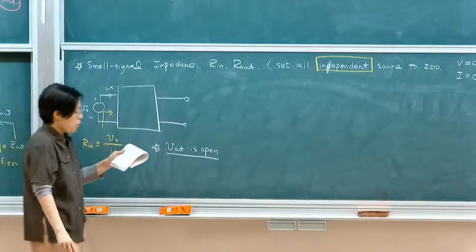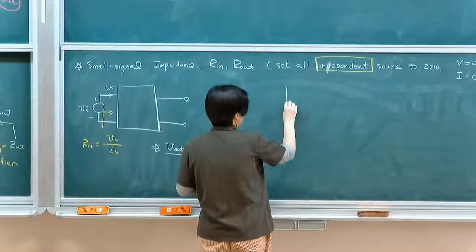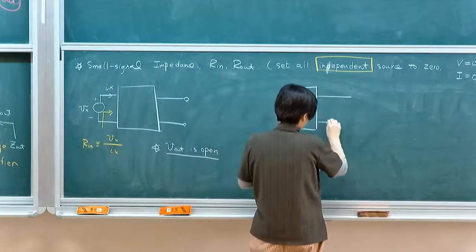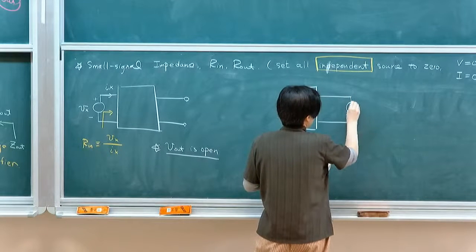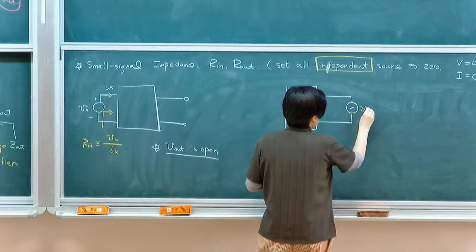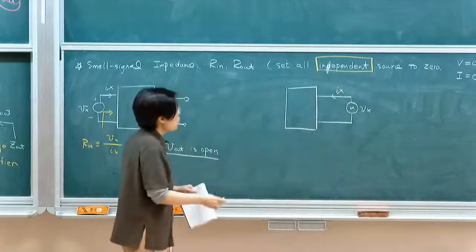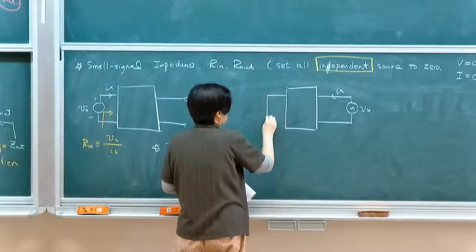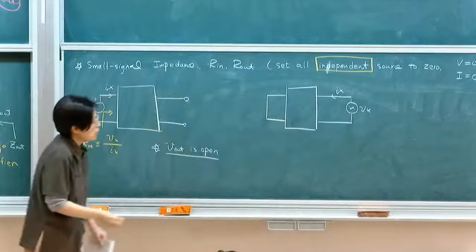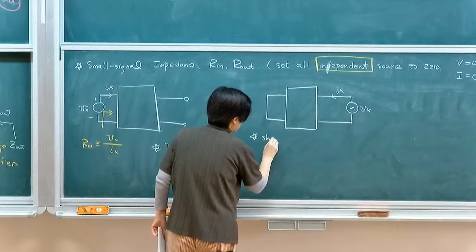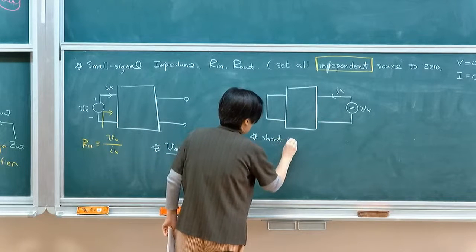And then for the output terminal, the same thing: you give a test voltage, Vx, and look at its test current. But in this case, we want to set our sources to 0, so you short the input.